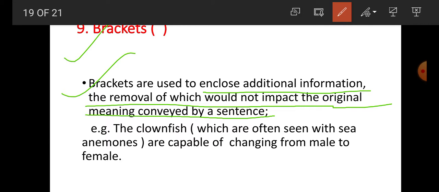For example, the clownfish are capable of changing from male to female. This information, which is often seen with sea animals, is related but not important for this sentence. It doesn't affect the sentence, and that's why, student, here this is kept in brackets.